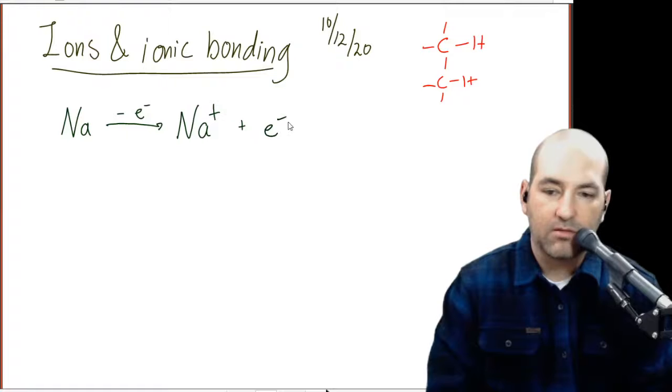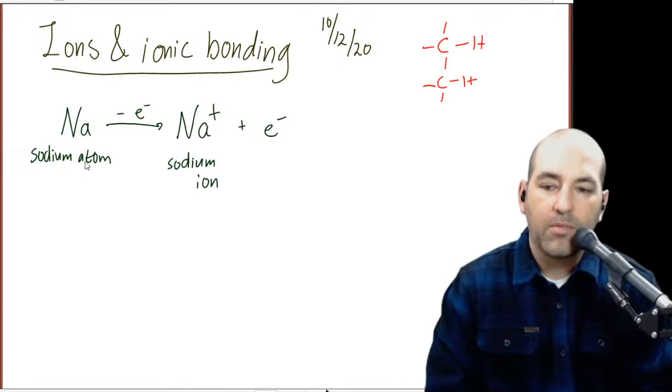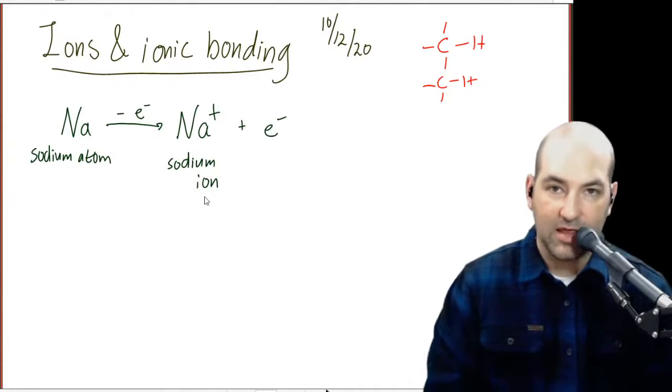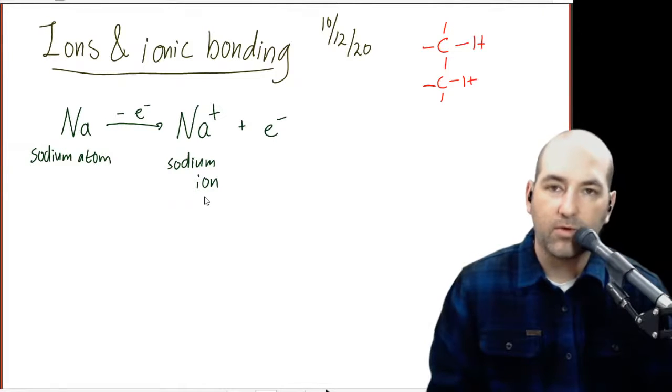So sometimes we then say, okay, that electron is one of the products. So this is what we would call a sodium atom, and then this is a sodium ion. Notice we haven't changed the name here, but it was an atom and now it's an ion. And we did this in that atoms activity from a couple weeks ago.